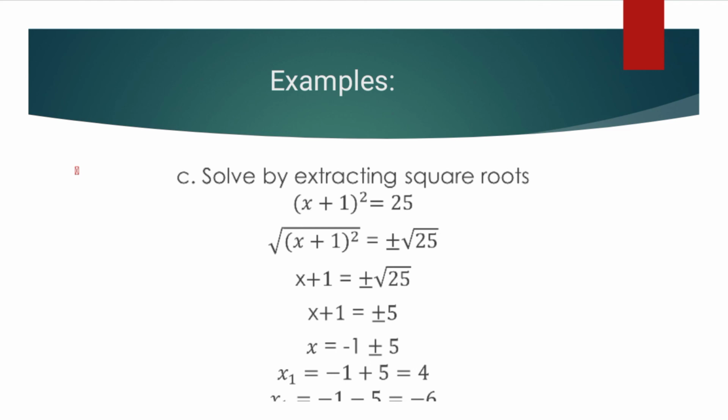Applying the square root principle, we have the square root of the quantity x plus 1 squared equals positive or negative the square root of 25. x plus 1 is equal to positive or negative the square root of 25. Bring down x plus 1 equals positive or negative 5, since the square root of 25 is 5.